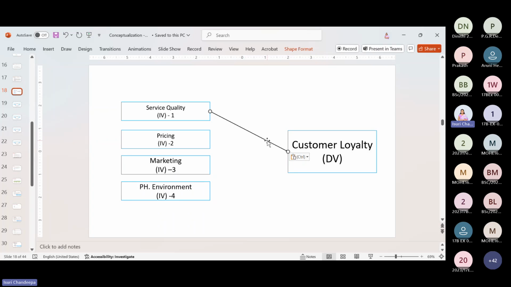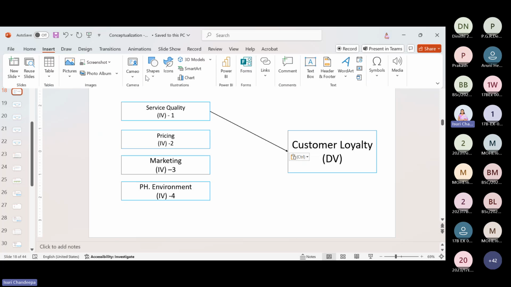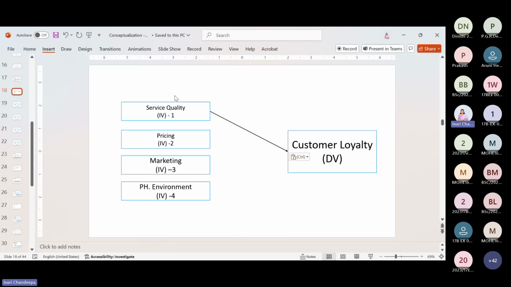Next week or this week we'll identify this: you need to name these arrows with the hypothesis. Therefore, it should be like this.